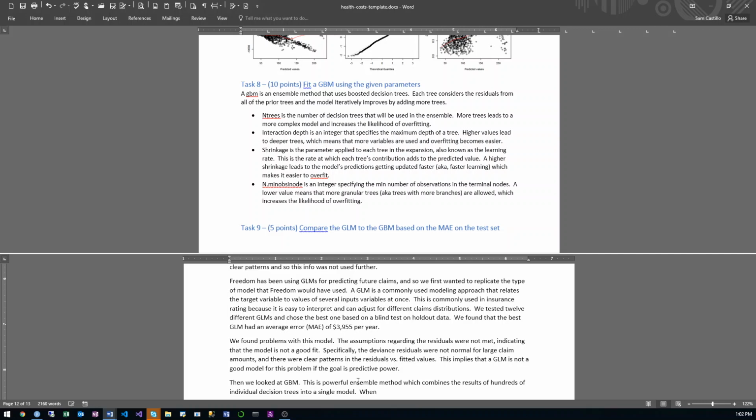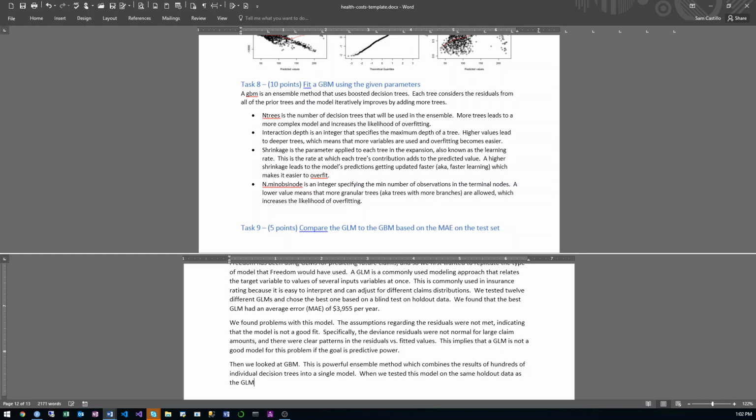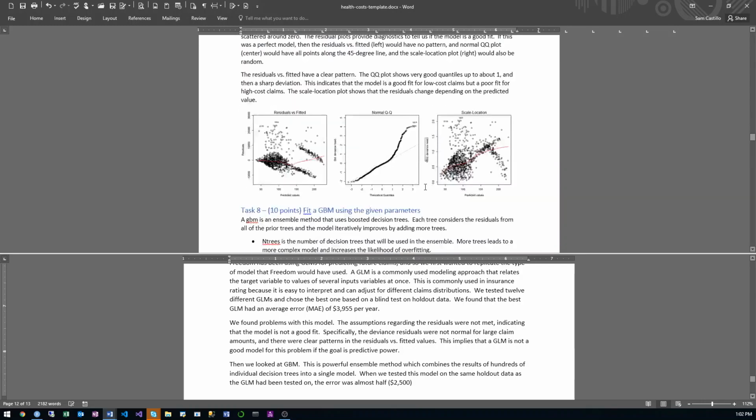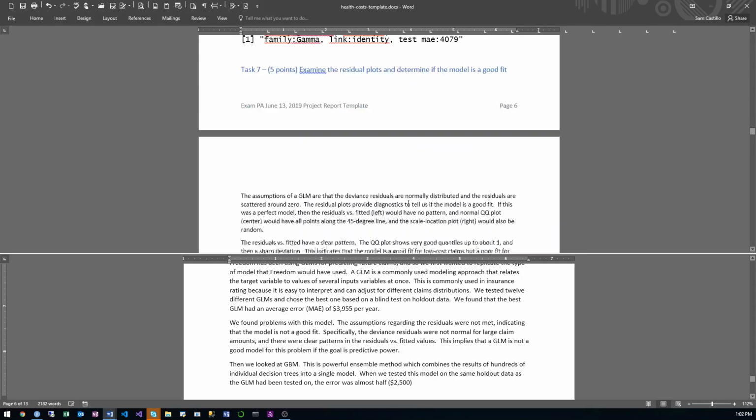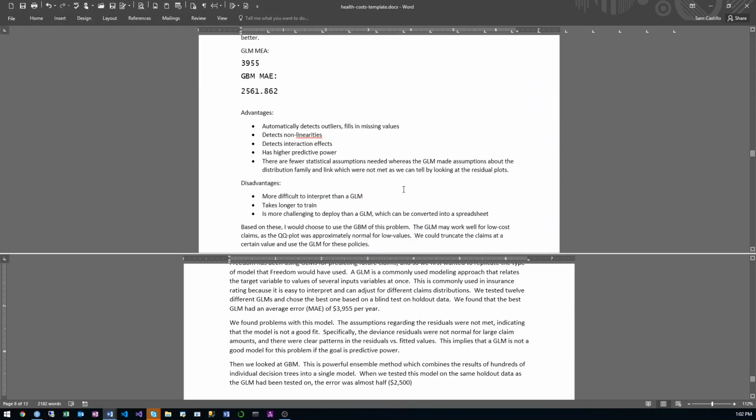When we tested this model on the same holdout data as the GLM had been tested on, the error was almost half, 2,500. Let's get the exact number, 2,561.